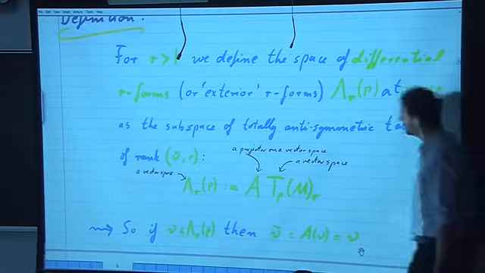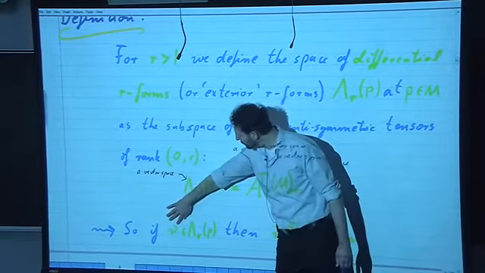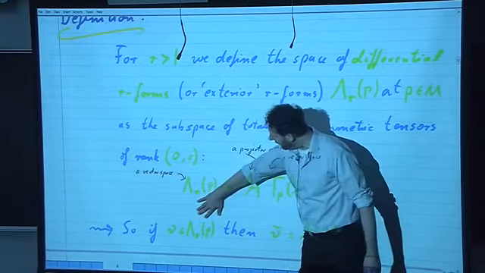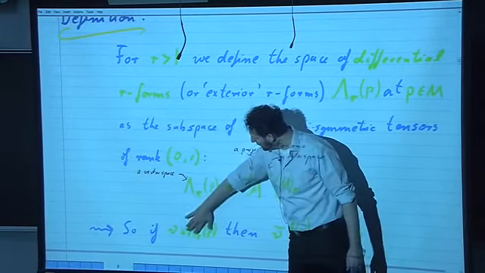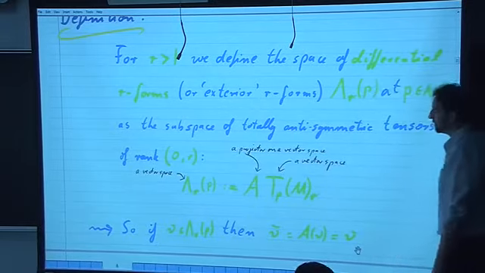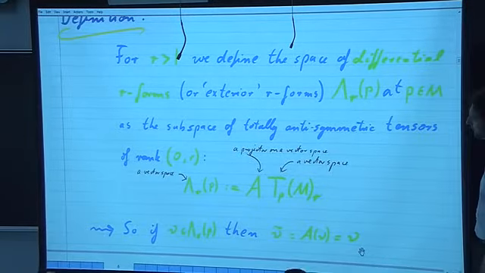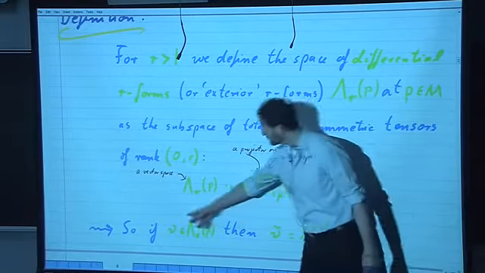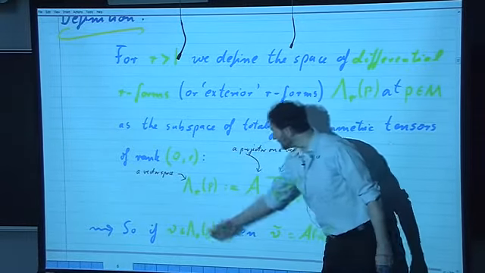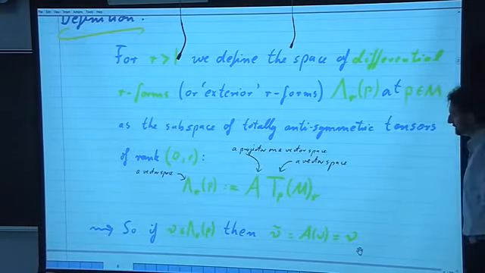So obviously, from this definition, if nu is an element of the space of differential r forms, then we can conclude it must be antisymmetric, because it's an element of this. It's an antisymmetric 0r tensor.